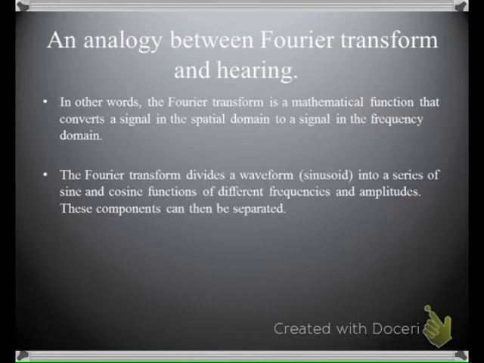And then basically what it does is it divides it into a series of sine and cosine functions of different frequencies and amplitudes, and these can then be separated, much like the ear does, and then compiled back together with various parts augmented.